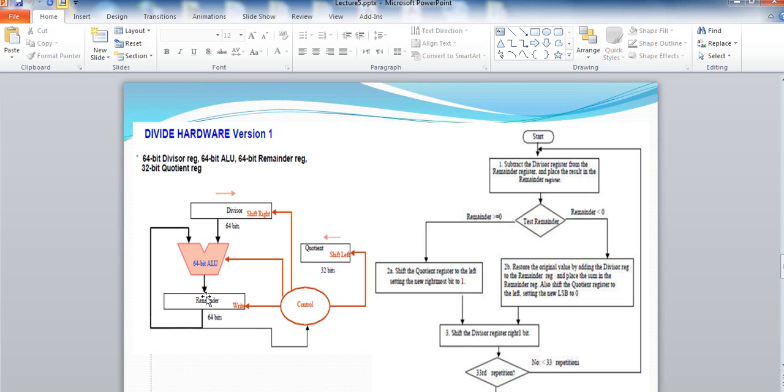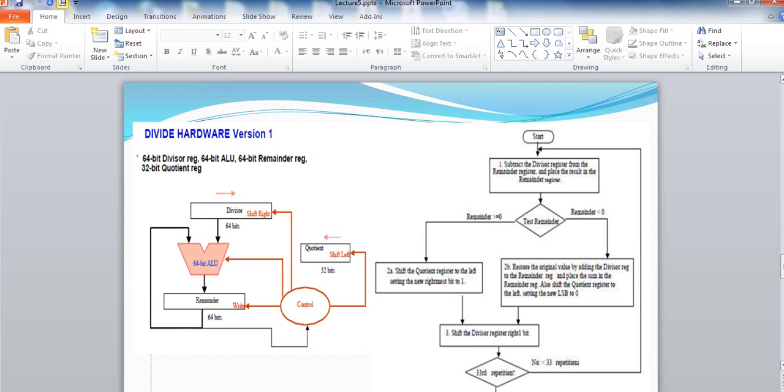You see how much you have in the remainder, and then you compare it with the divisor. If the remainder is equal or bigger than the number in the divisor, it is going to put 1 in the quotient. So the quotient is going to shift toward the right.